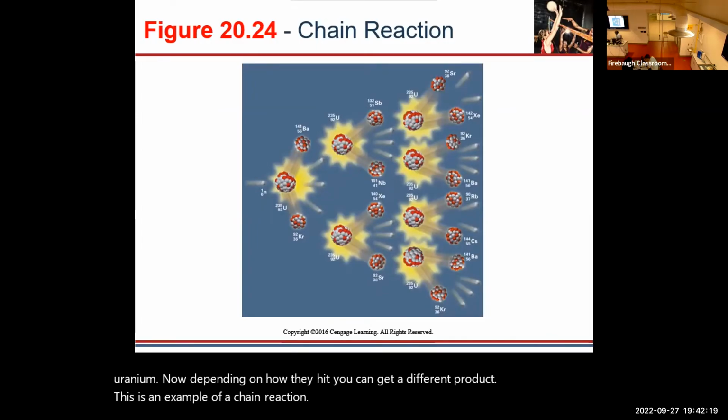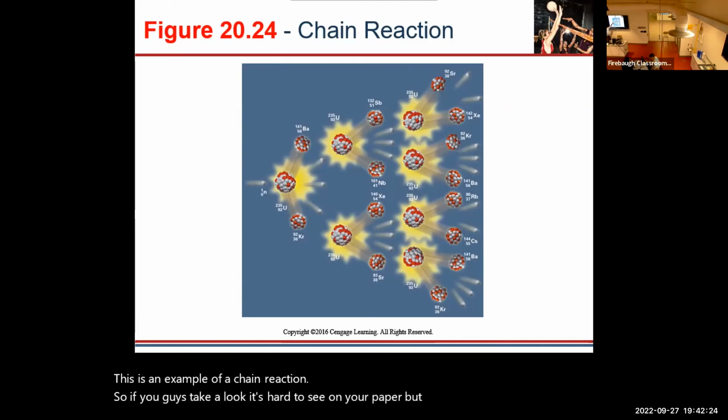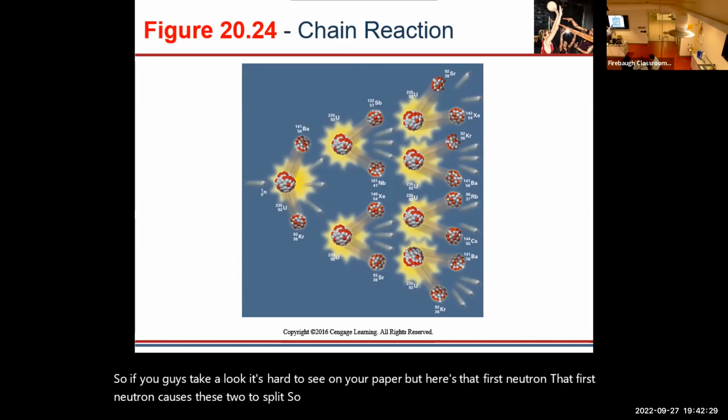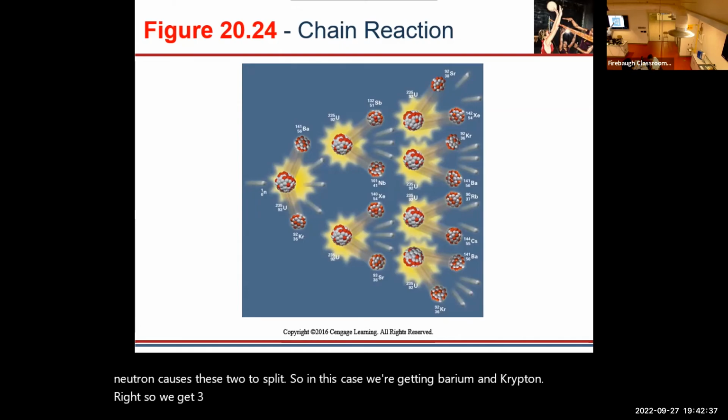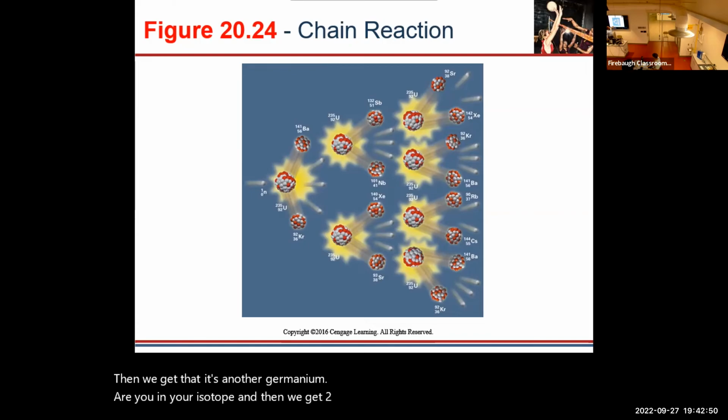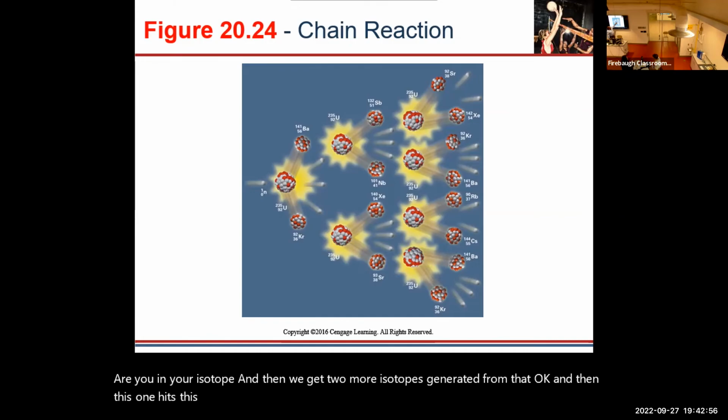If you take a look, it's hard to see, but here's that first neutron. That first neutron causes the uranium to split. We're getting barium and krypton, right? So we get 3 more neutrons that are shooting off. Then we get another atom or isotope, and then we get 2 more, and so on and so forth.